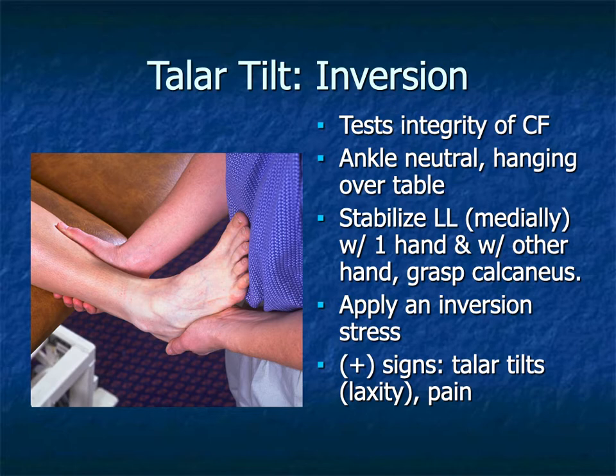And the positive sign here is the talar tilt has more laxity than on the other side. So you're going to do the good side first with all these tests, then go and do the injured side. On the injured side, with a positive test, the ankle will invert more than on the uninjured side. And pain is another positive sign.